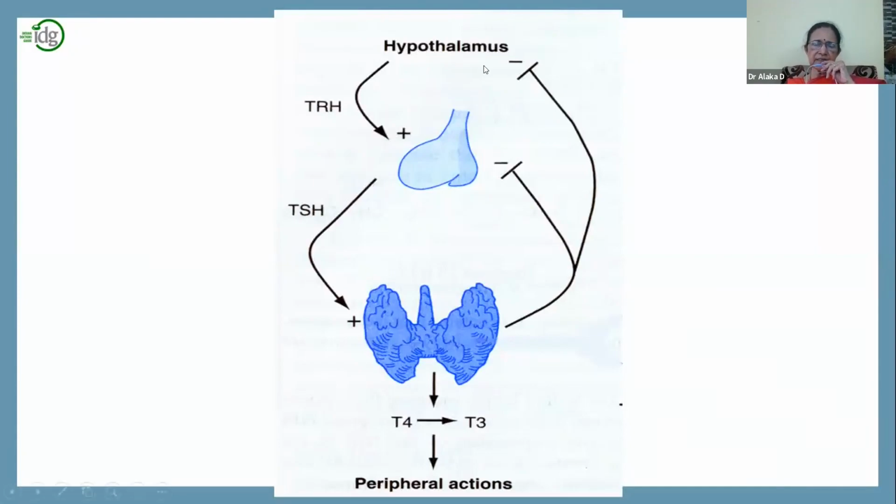In other words, the hypothalamus secretes thyrotrophin releasing hormone, TRH. This TRH stimulates the pituitary to secrete thyroid stimulating hormone, and this TSH will stimulate the thyroid to secrete T4 and some amount of T3. This T4 will circulate and be peripherally converted into T3. Once it is secreted in adequate amount, there will be negative feedback to the pituitary as well as the hypothalamus. So this is how the thyroid functions.